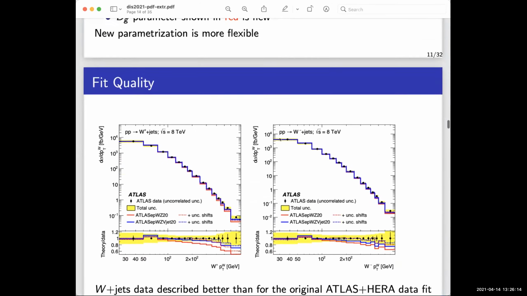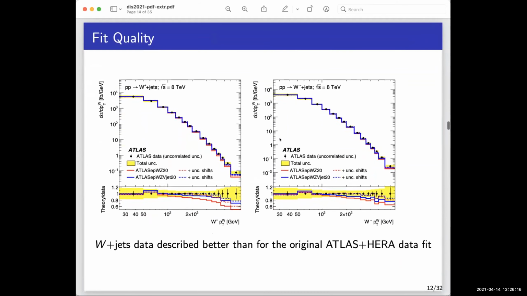Okay. So how does the fit do? First, here's the W plus jets data. If you look at the fits without the data included, so the WZ20, the red line is the PDF, and then the dashed red line shows the effect when you add shifts from the systematics that are nuisance parameters in the fit. You can see that there's a tendency for this to fall off at high pT of the W, especially in the W plus data, but also in the W minus.